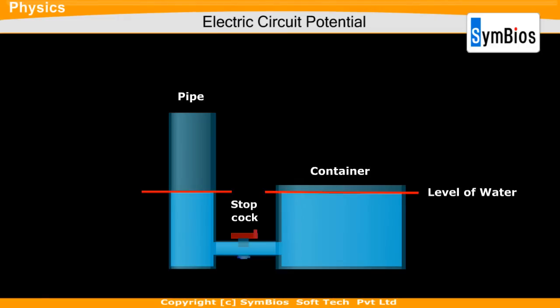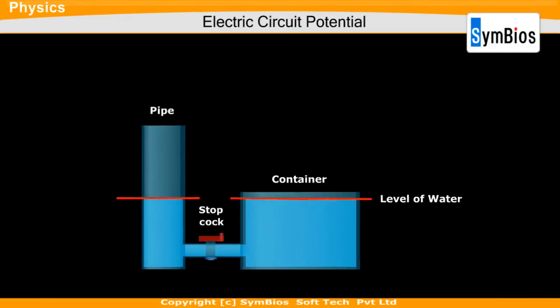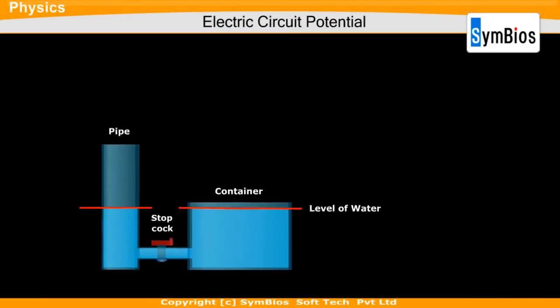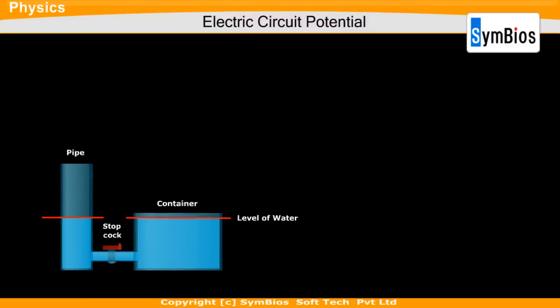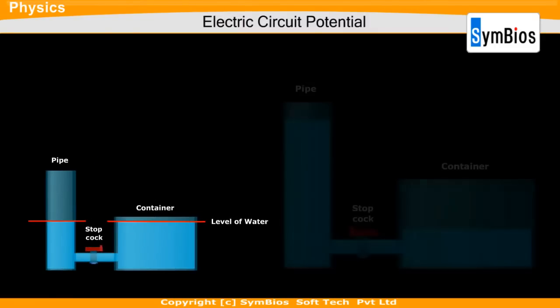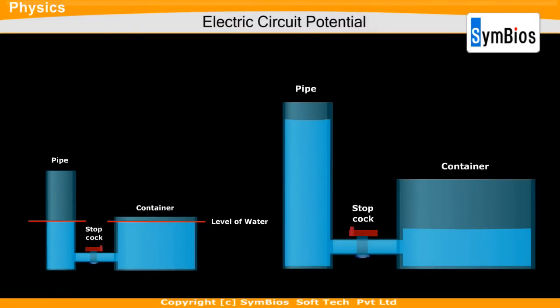This experiment shows that it is not the quantity of water but the level of water which decides the direction of flow of water. Here, the water in the pipe is at a higher gravitational potential and the water in the container is at a lower gravitational potential.